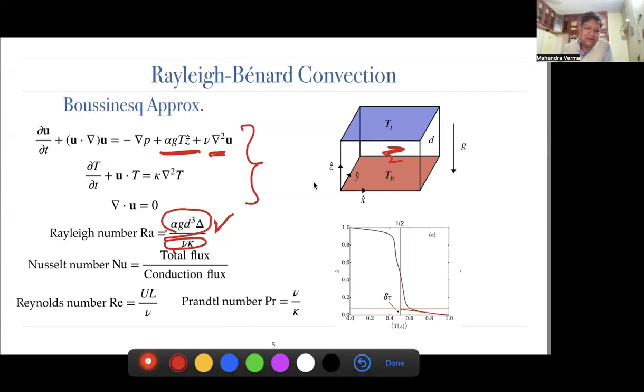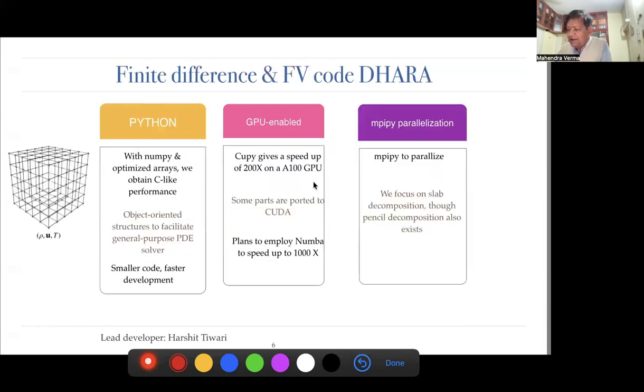We deal with Rayleigh numbers of 10 to the 13, 10 to the 14, very large Rayleigh numbers. And for these Rayleigh numbers, we want to see whether the scaling is 0.3 or half. The Nusselt number I have already defined before. We use Dhara, our finite difference code, for this work. It's written in Python and it's GPU enabled. In fact, a lot of our runs were on GPU, which made it faster.